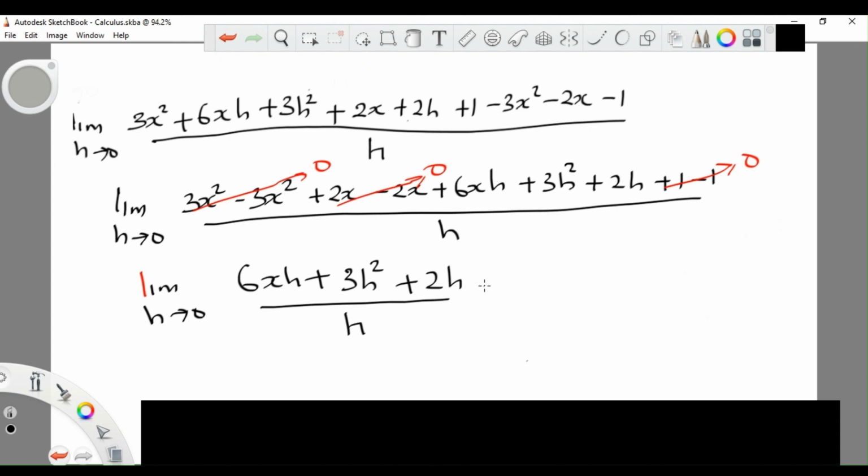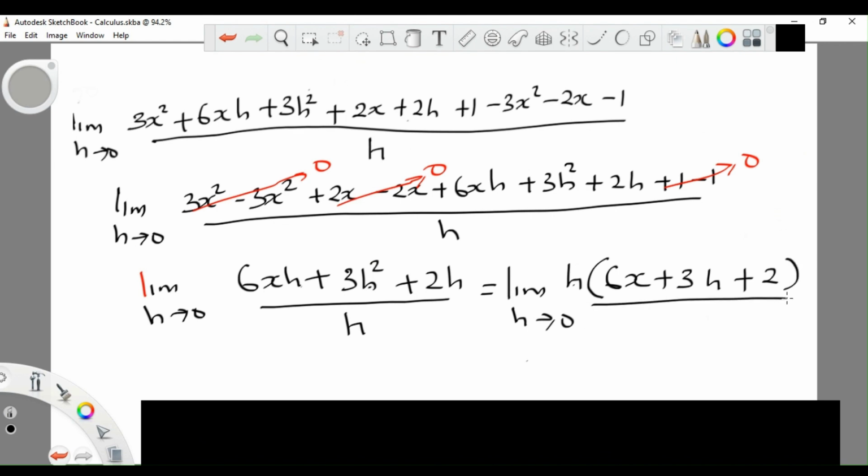Now, what we can do here is to simplify the numerator, or let me say we can factorize. As you can see, we have h in each term, so I can bring out h and open bracket. h divided into 6xh is 6x, plus h divided into 3h squared is 3h, plus h divided into 2h is 2, over h.